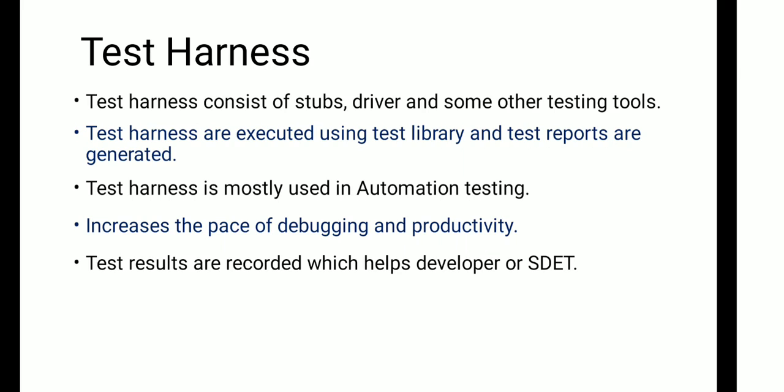Test results are recorded, which helps developer or SDET. Coming on to the next point, that is stub and driver. As I have discussed in the previous slide, it is a very important part if you are doing automation testing. So test harness is part of it.